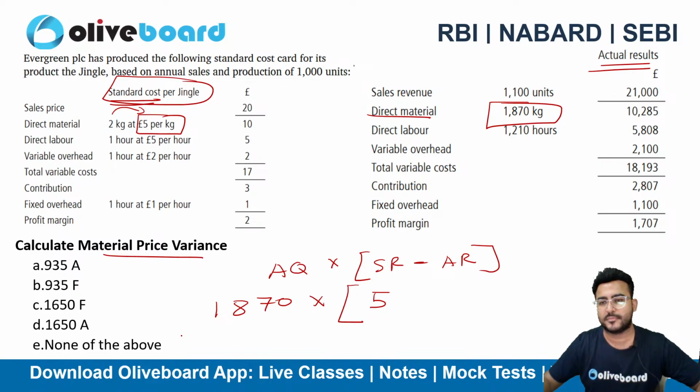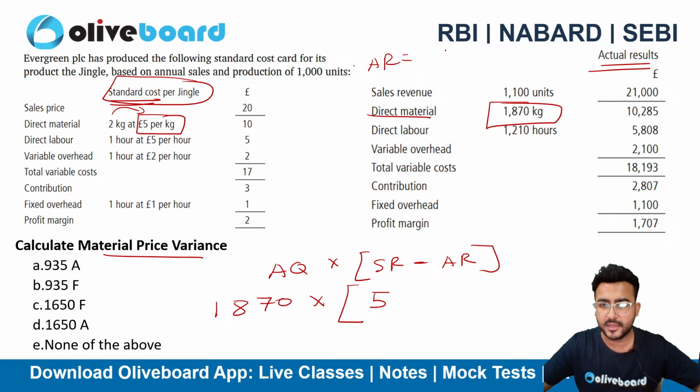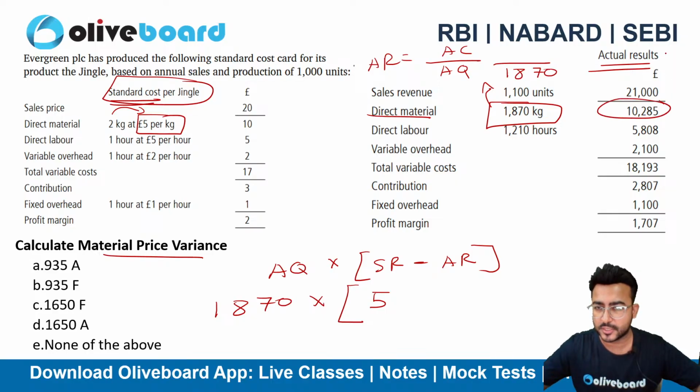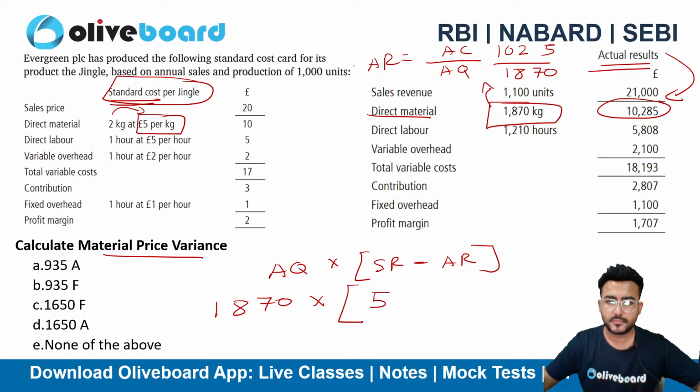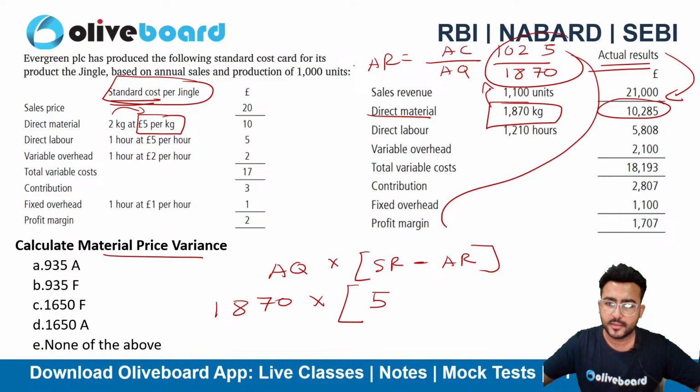They haven't mentioned it. Actual rate per kg will be nothing but the actual cost divided by actual quantity. So actual quantity I already know, 1870 units. What is the actual cost? They have given me the actual cost as well, 10,285. This will give me my actual rate, 5.5.